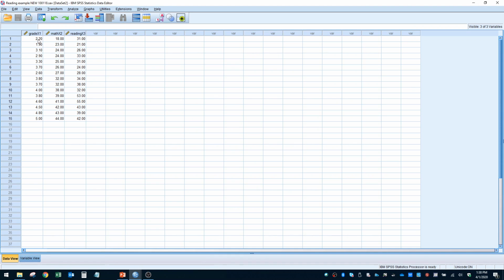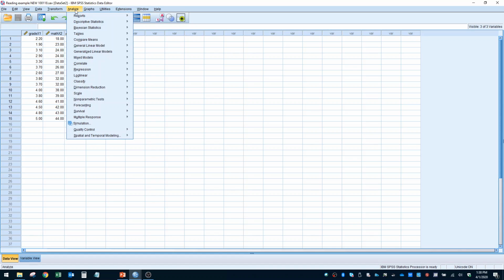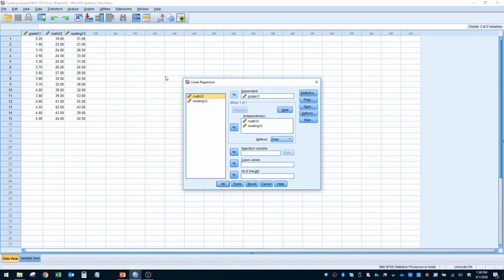So we have our data, which is our reading table. X1 is my dependent measure, grade. Math is my X2, which is the independent variable predicting grade, and then reading as an independent variable predicting grade also. So to complete my collinearity assessment, I go to my regression linear.